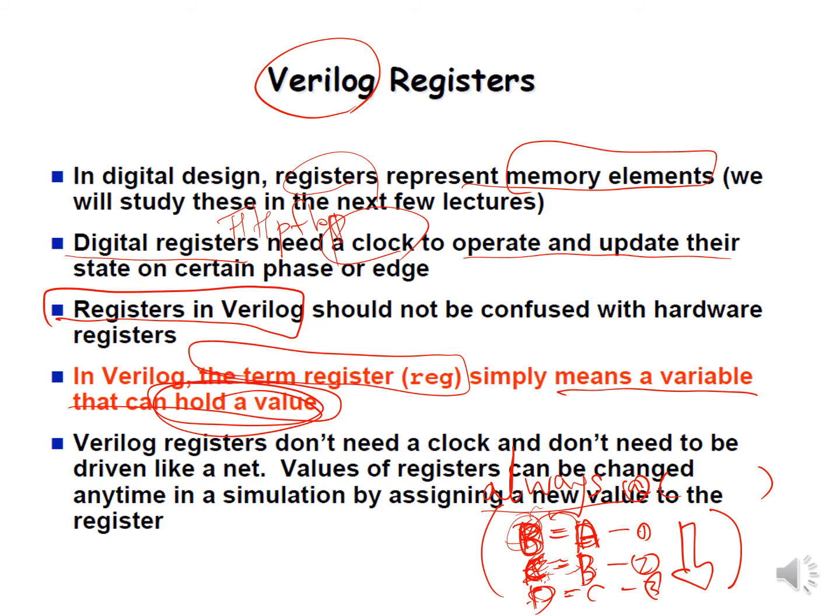Whenever you assign a new value to that variable, you will immediately change the contents. So the register definition in Verilog is different from digital registers, right? You have to understand that. We will see some examples throughout this chapter.